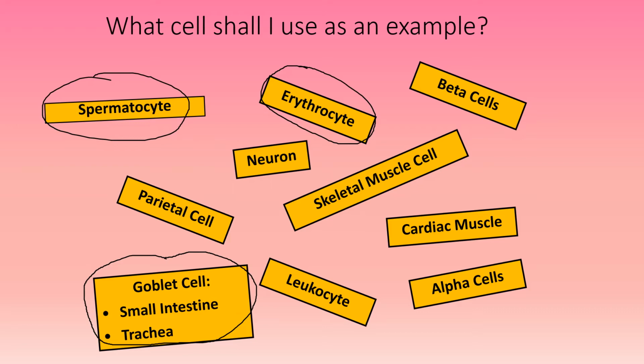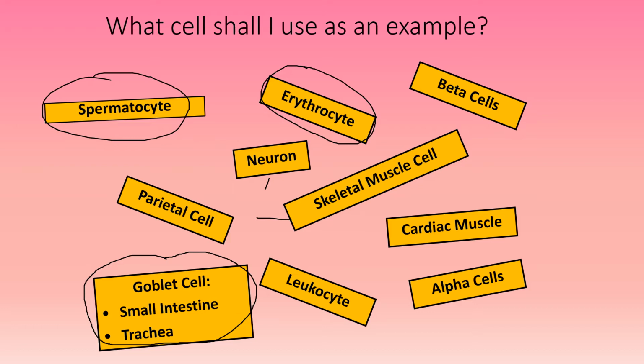You can look into a nerve cell or a skeletal muscle if you'd like. Some are far more complicated than others. You're only going to have a couple of hundred words to write in your assignment, so we're really after quality information about the structure and function of specific cells.